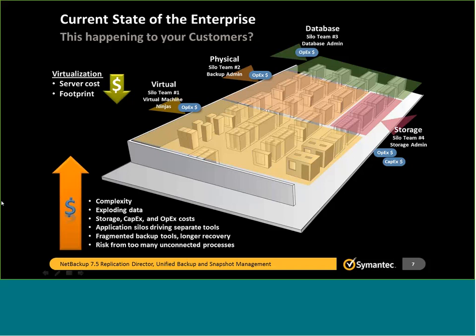In the physical world, you still see the backup administrators kind of taking over and running with that. Database, you've seen it for years. Database administrators have done things like snapshotting and copies and all that type of stuff in order to secure their data, their environment.